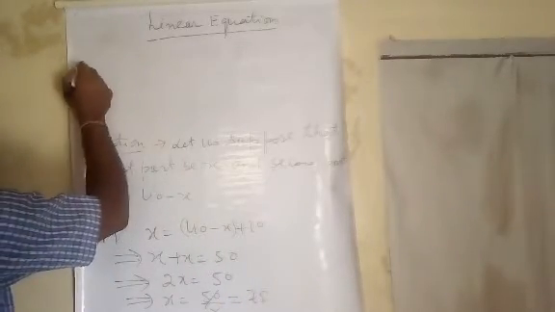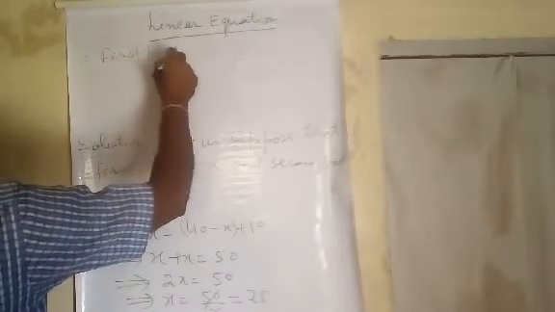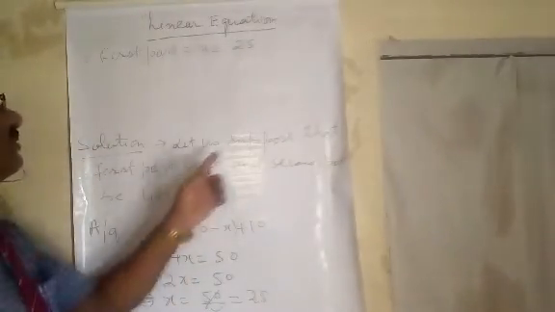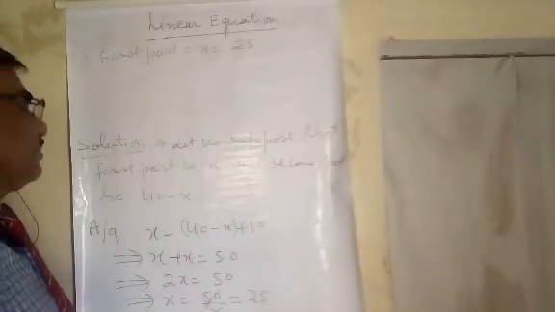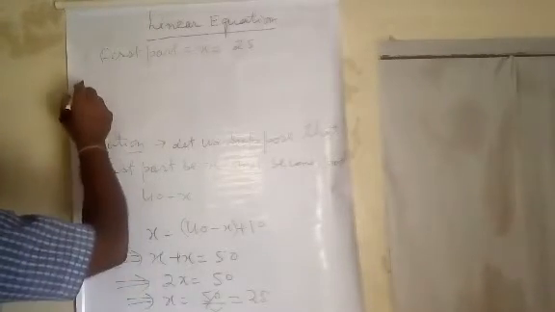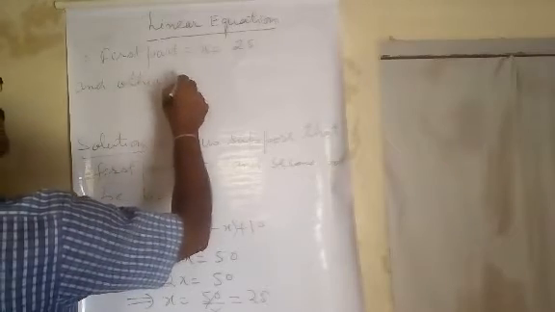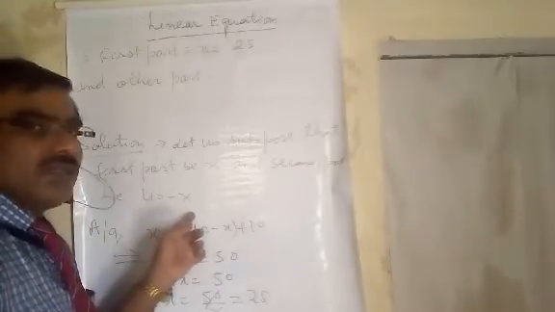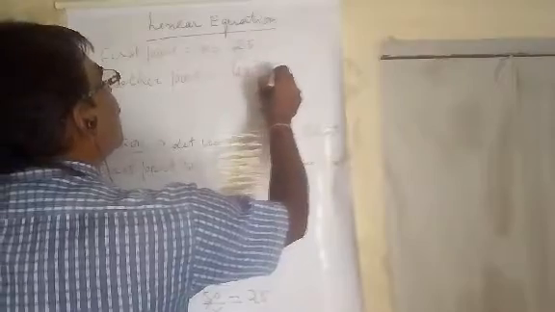The first part equals x, which equals 25. Because we supposed the first part is x, the first part is 25. The other part, we supposed, is 40 minus x, therefore it will be 40 minus 25.